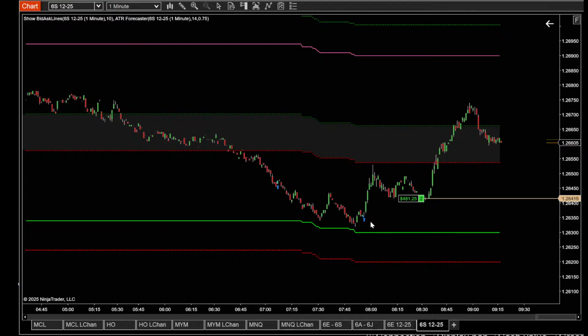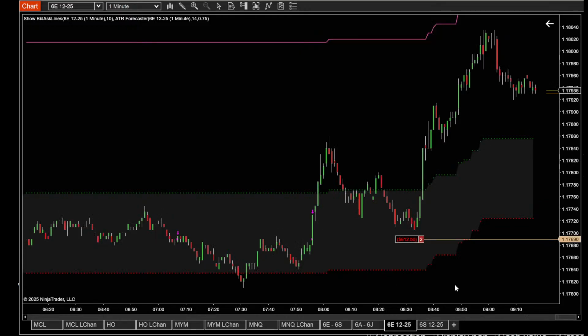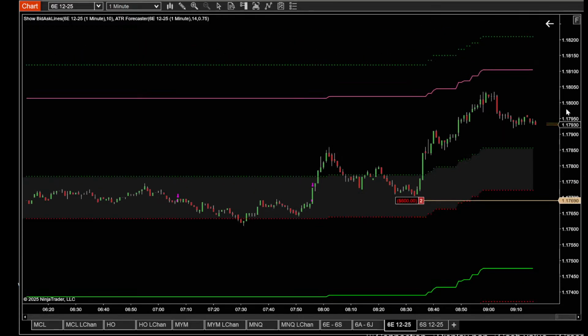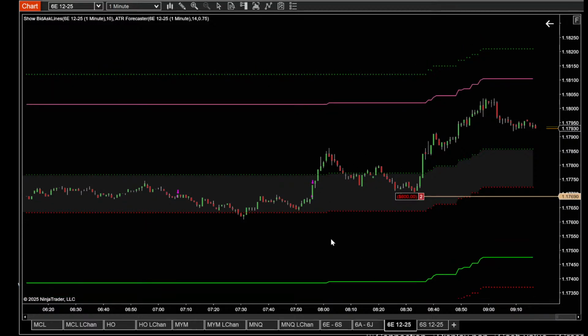And we can see right here, we were near the oversold part of the day, and it would have been a great time to consider going long. And that's what we did. The 6S, we did buy near the low of the day. Great trade on its own. And the 6E was in the middle of the range.